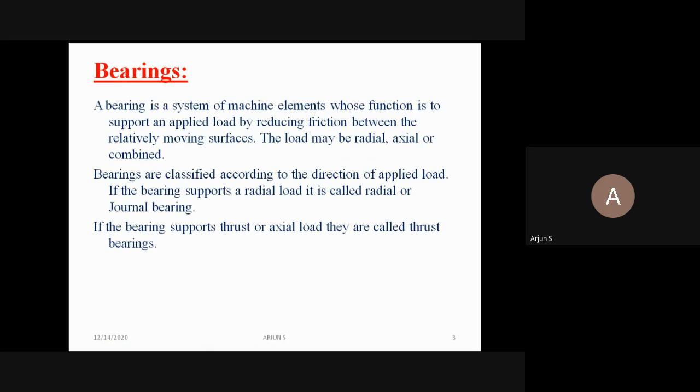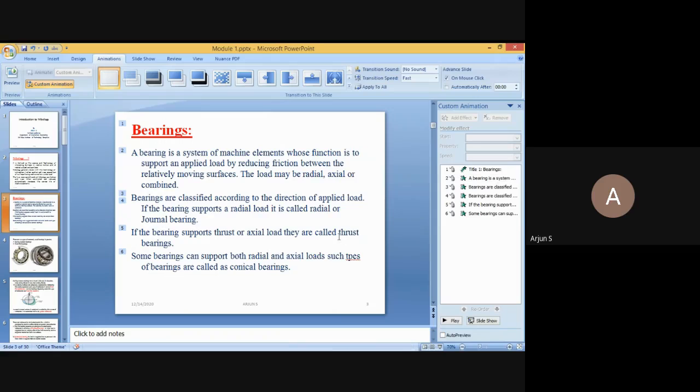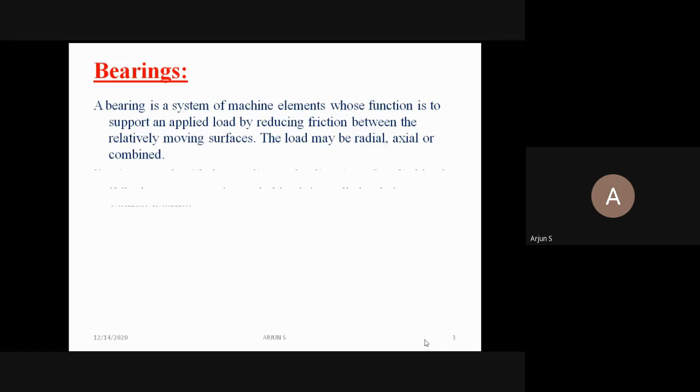Forgive me, I have mentioned here thrust bearings. The bearings which support both thrust and axial loads are called conical bearings. Now let us continue.